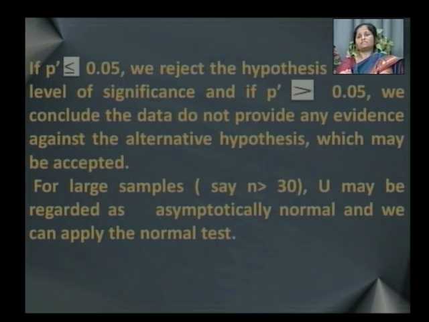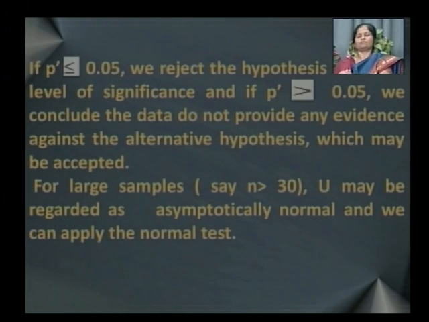Now this is the case for the small sample. For a large sample, say n greater than 30, U may be regarded as asymptotically normal, and we can apply the normal test.